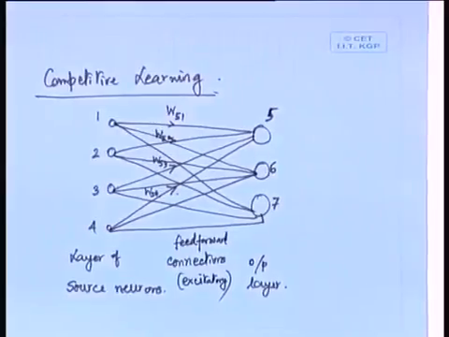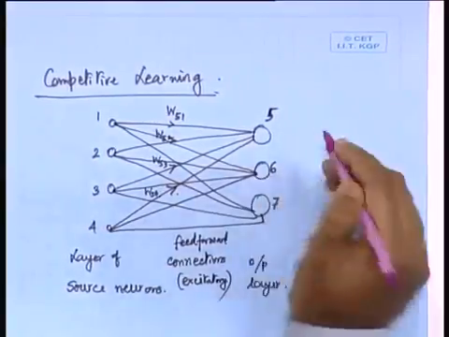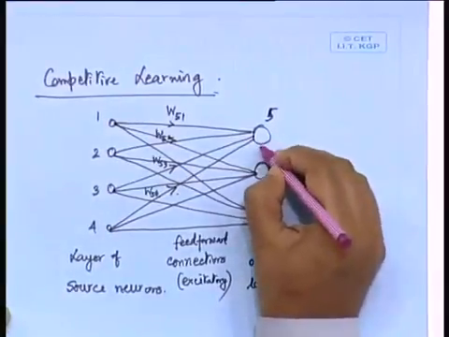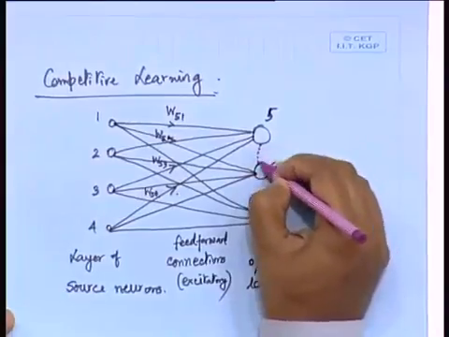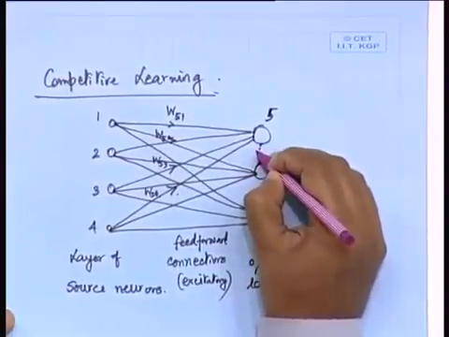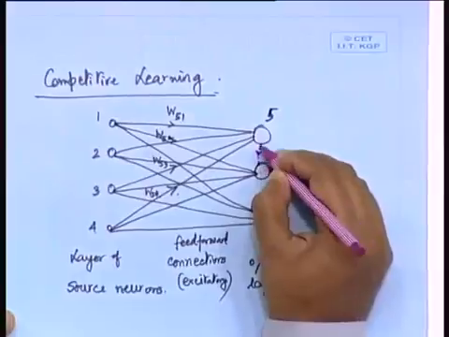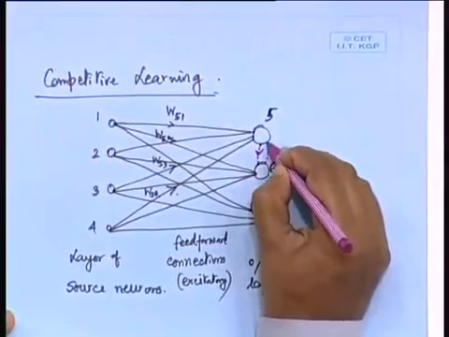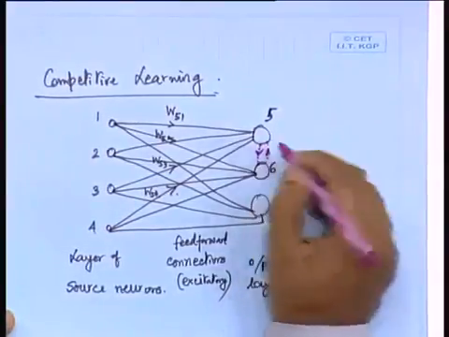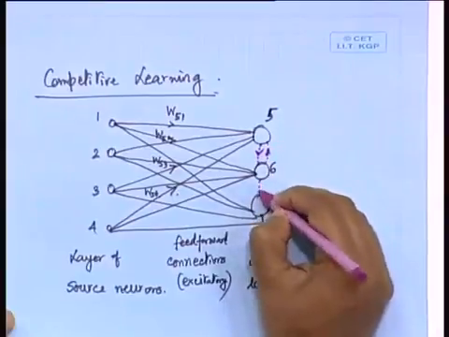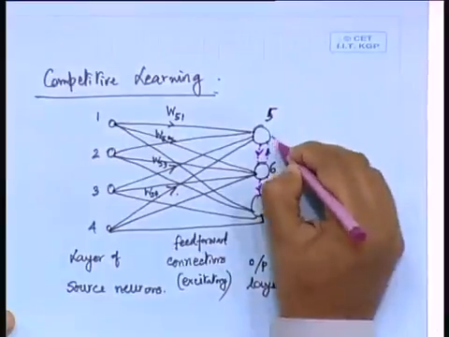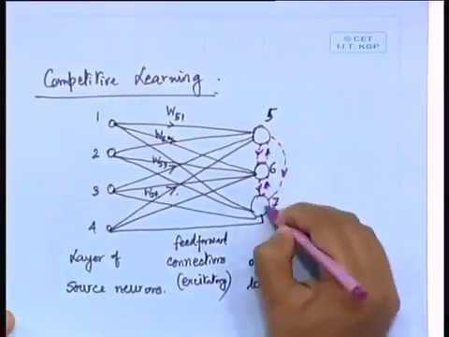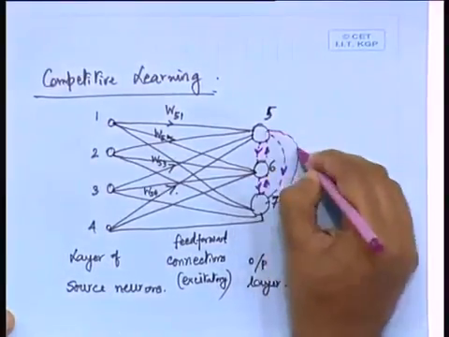Over and above the excitatory feed forward connections, we are also going to have some feedback connections, or interconnections between the outputs themselves. Like 5 connected to 6, 6 connected to 5, 6 connected to 7, 7 connected to 6, 5 connected to 7, 7 connected to 5.